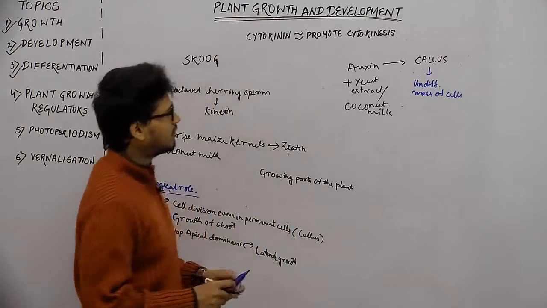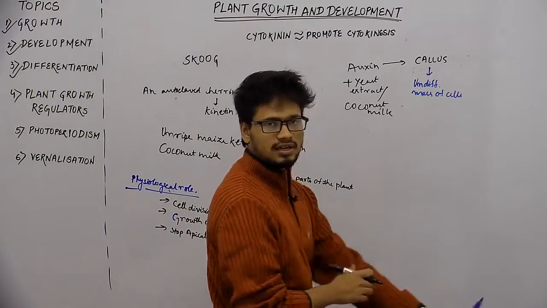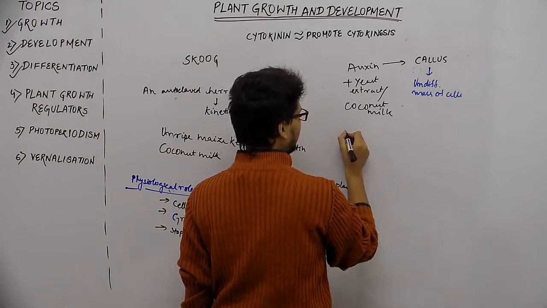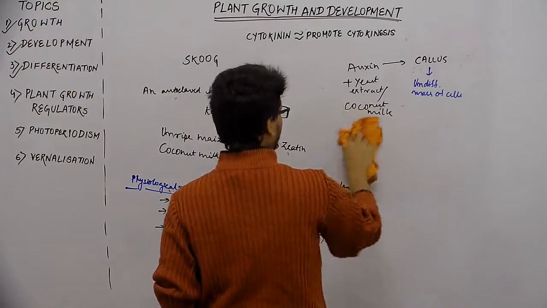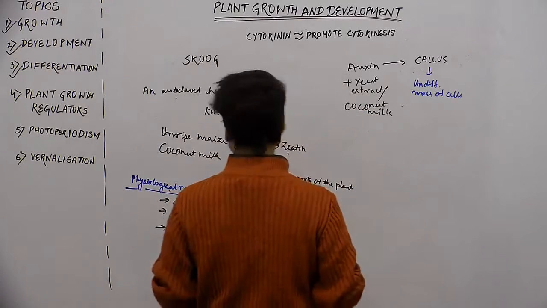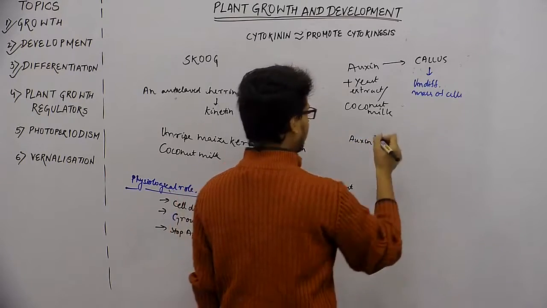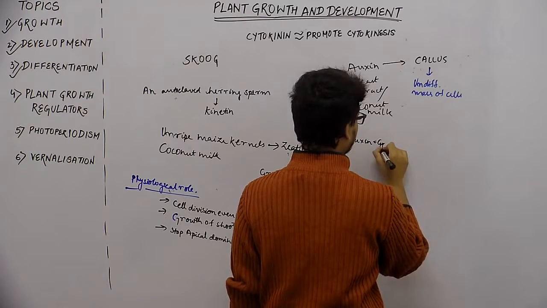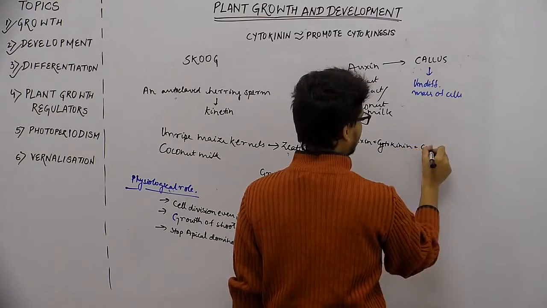so whenever we are culturing, let's say, a tissue, there are three conditions that can occur. If we have auxin, or an equal quantity of cytokinin, it will cause the callus to remain as it is.